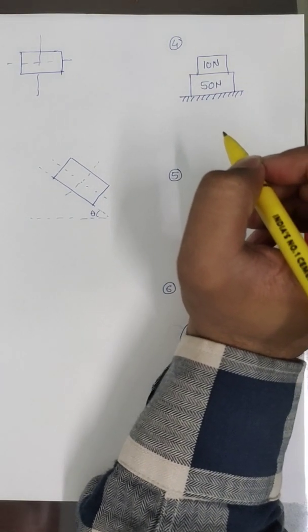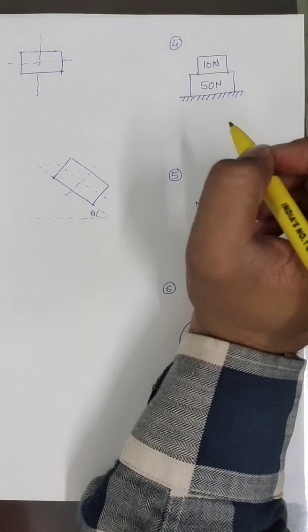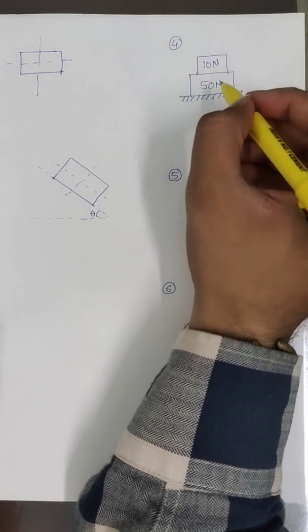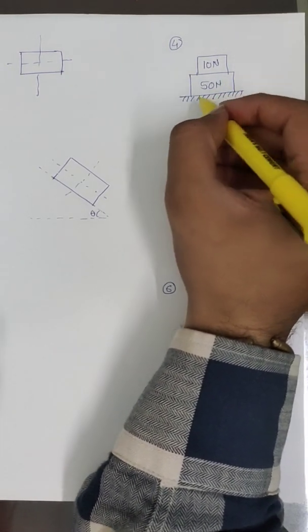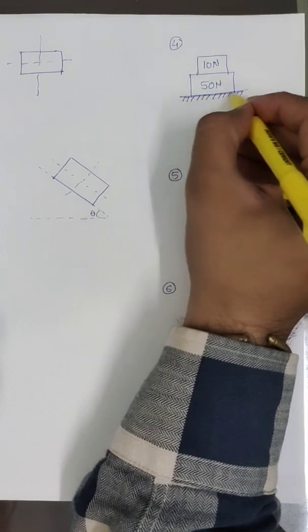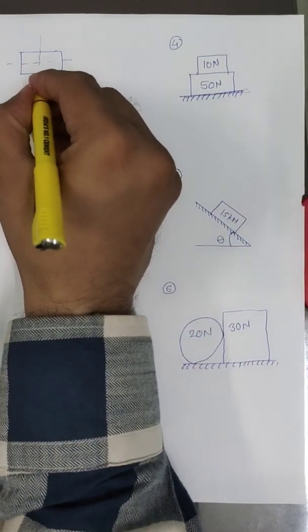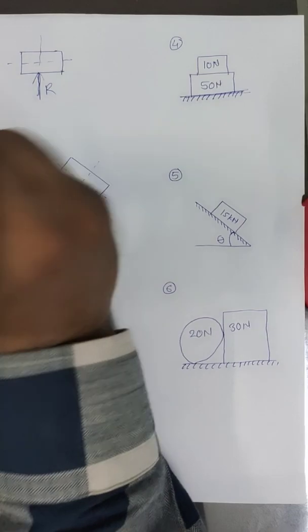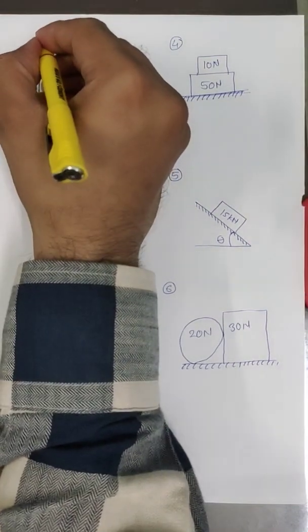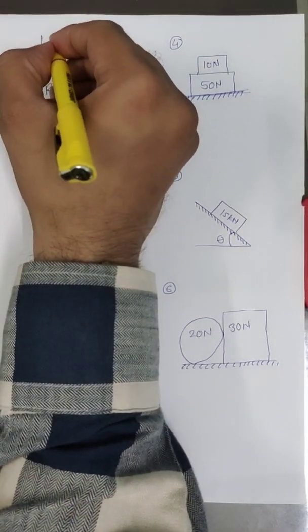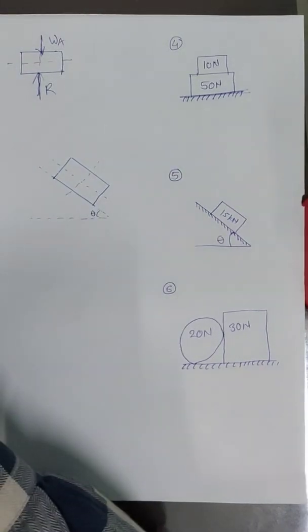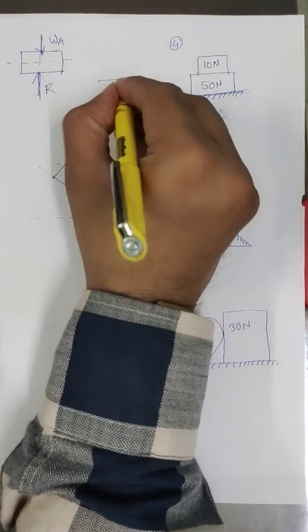So then move towards the non-applied forces. In non-applied forces, which type of forces are included? Self weight and the support reaction. So here will be the support reaction exerted by the surface. So here will be the support reaction, that is meant by R, and self weight of the block is W. Okay. So what about the 10 Newton block?